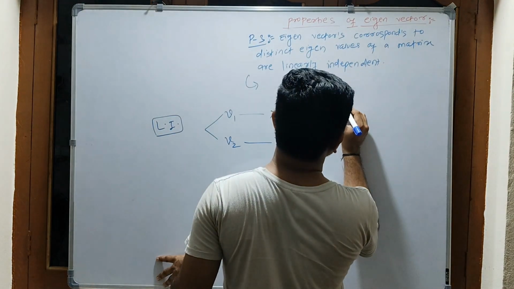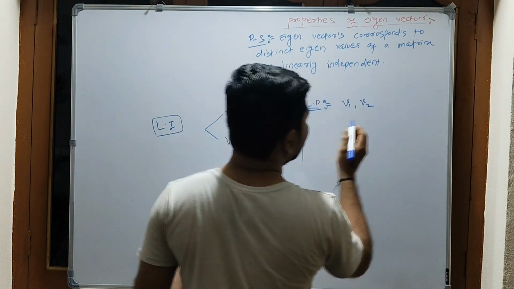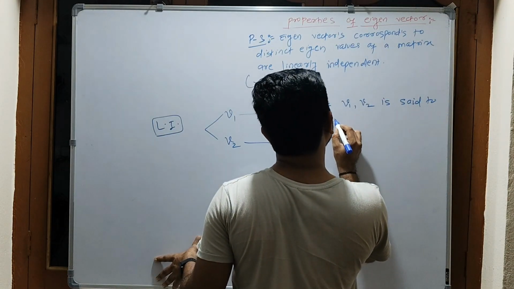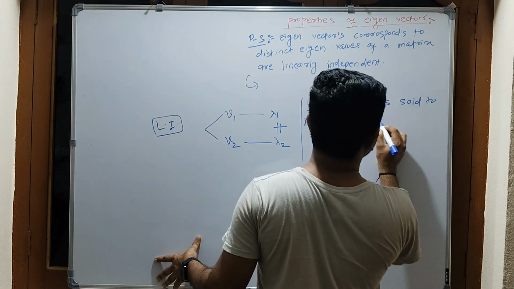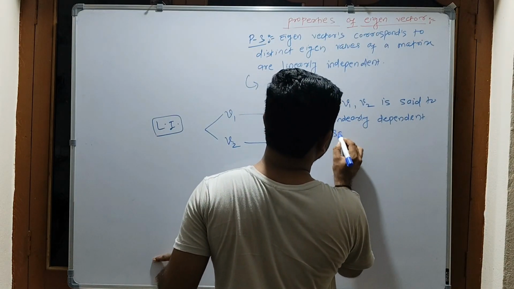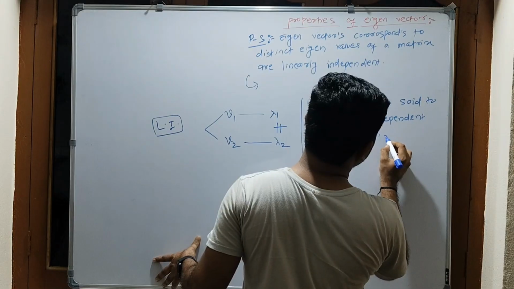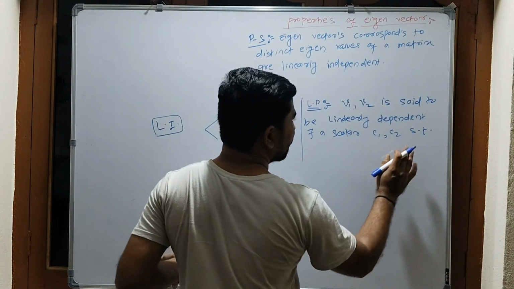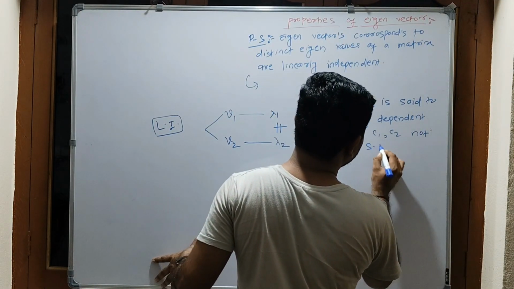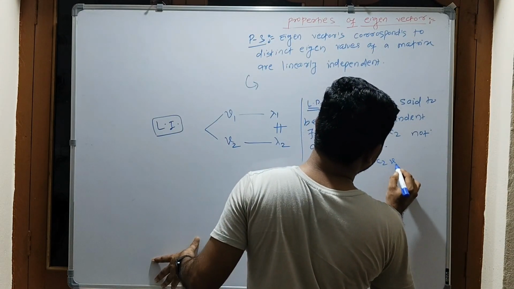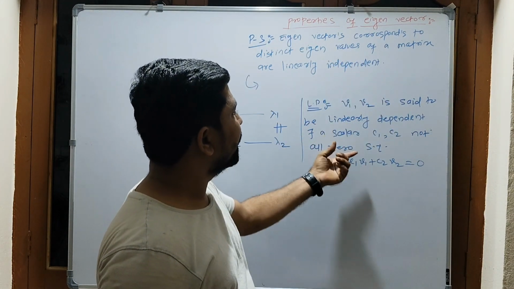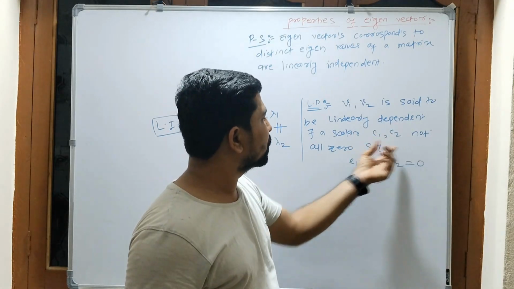A set of vectors, v1 comma v2, is said to be linearly dependent if there exist scalars c1, c2, not all zero, such that c1 v1 plus c2 v2 equals 0.